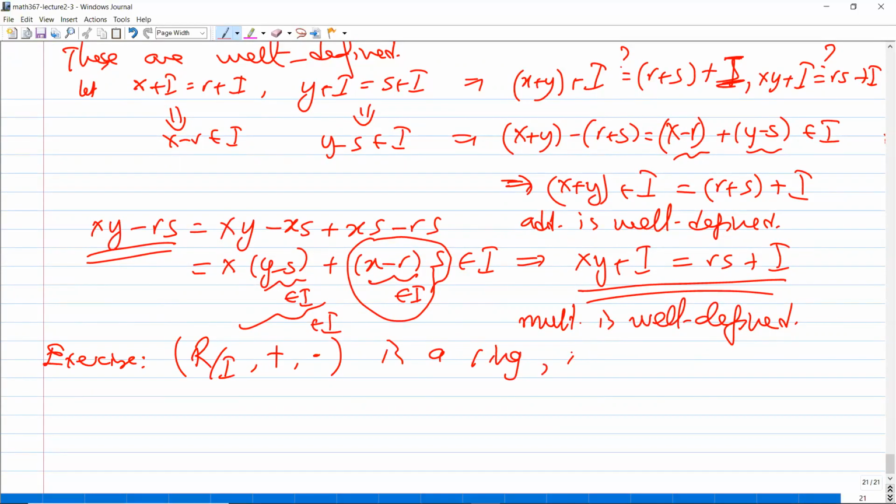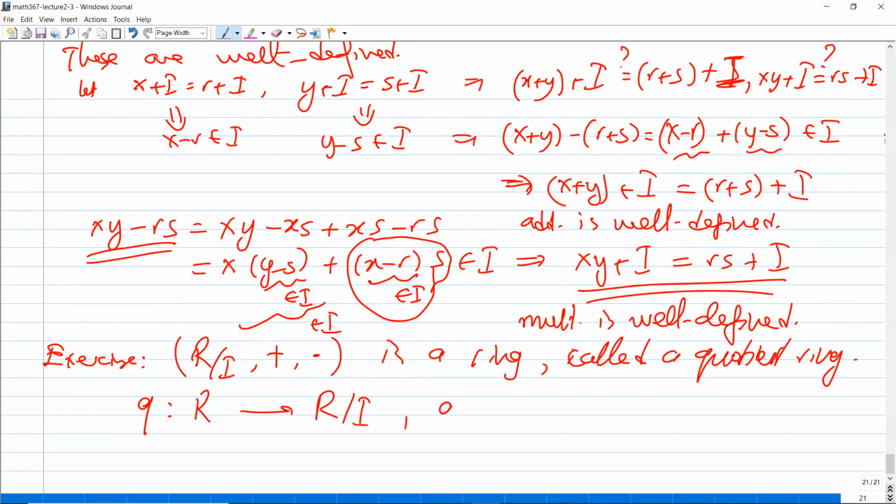It is called a quotient ring. Also, if you define a map from R to R over I by taking x to x plus I, it is an epimorphism. It's a homomorphism which is onto.